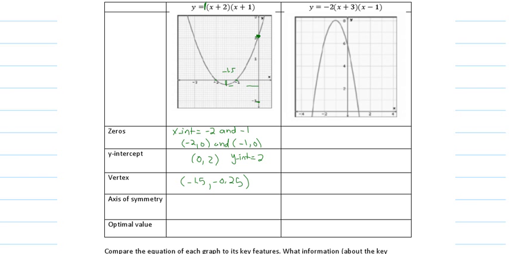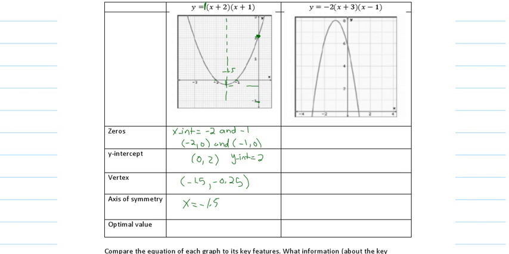How about your axis of symmetry? Negative 1.5. The axis of symmetry is going to run right here, through the vertex, so it's x equals negative 1.5. And what's your optimal value?